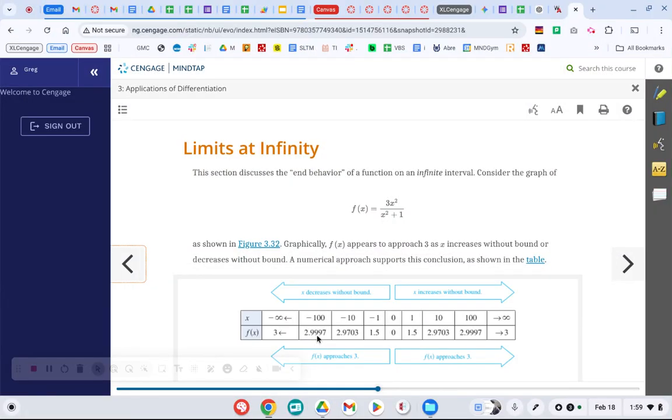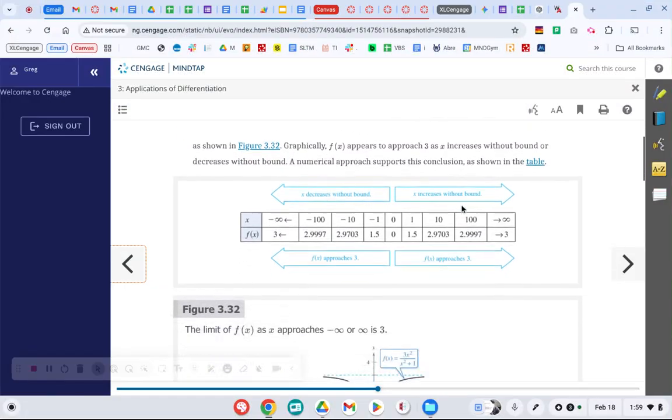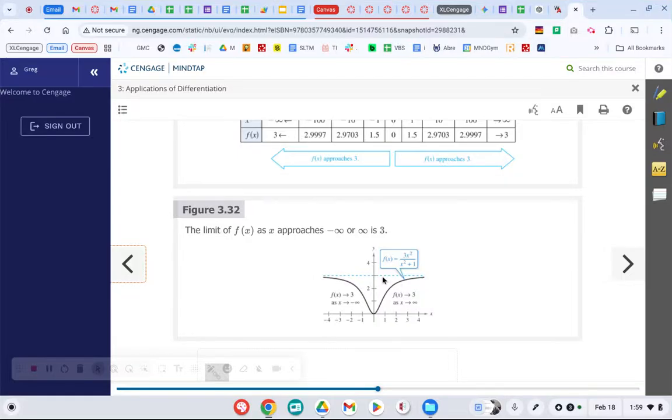So I hope from what you've been through in my class, being able to use your tables on your graphing calculator, you can see that as x approaches infinity, the limit of f of x is going to be 3. And you recognize this: this is a horizontal asymptote.